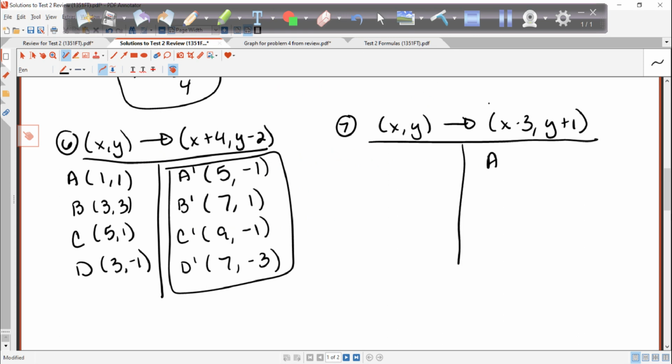And this time we were given the points in this column. So we started with 0, 0, 2, 3, and 4, negative 2.